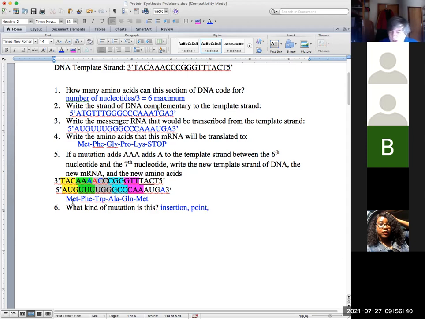And notice how it throws everything out of whack after it occurs. Before we had 3 C's that we read together. Now we only have 2 C's that we read together. So when we have something like that, that's called a frame shift mutation, where it changes the beginning and end of those codons that we're looking at.